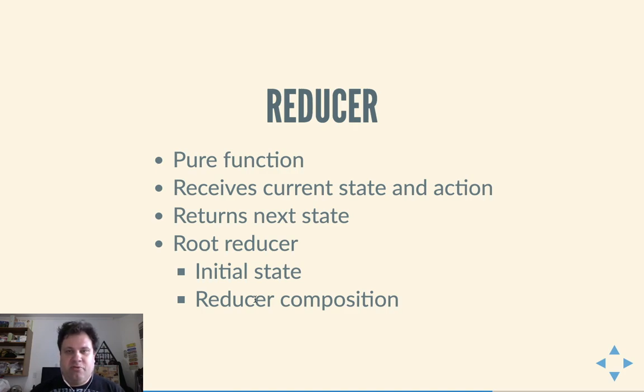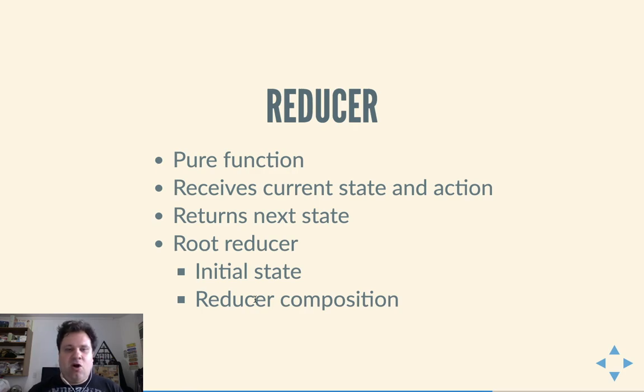Also, in applications that are very complex, it typically becomes very difficult to write a single reducer for the entire application and use that as your root reducer. So in those applications, typically many different reducers are written, each with a very specific set of responsibilities.